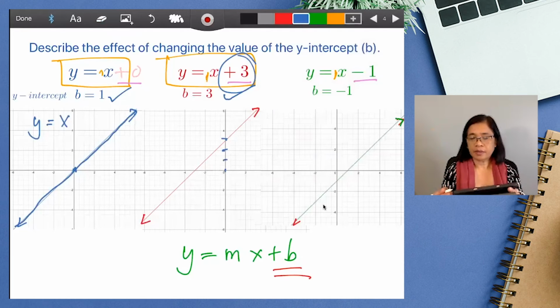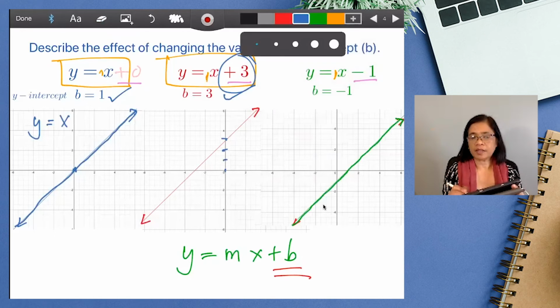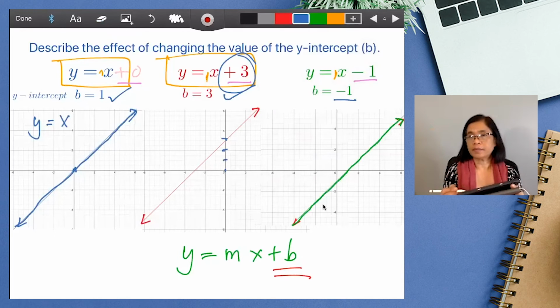And in the third line, which is the line y is equal to x minus 1, where the y-intercept is negative 1. So the effect of changing this parameter is a movement of the parent function.